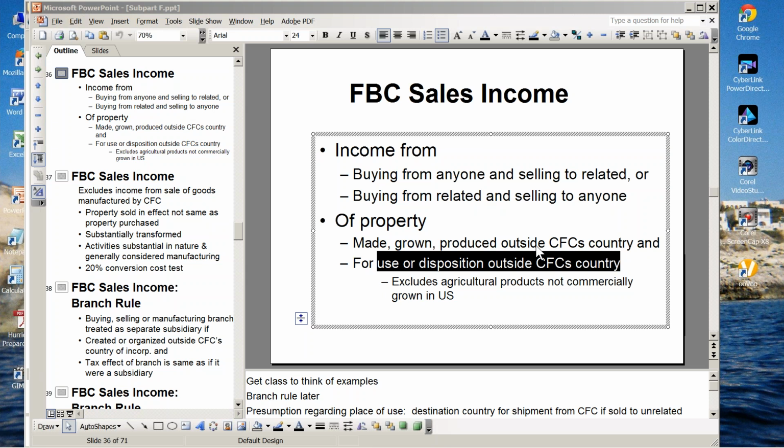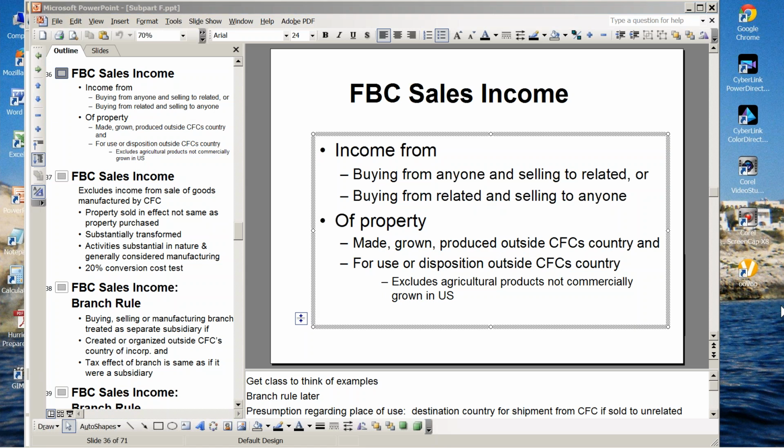While you're thinking of them, let me talk about one of the presumptions in the regulations. There's a presumption regarding place of use, and it's based on the destination country. If the CFC sells goods, and I'll get to your insurance question in a moment.